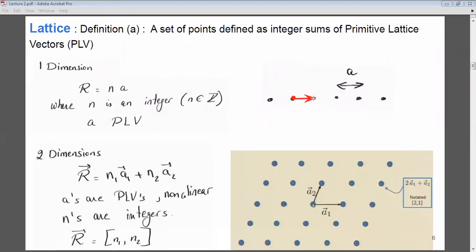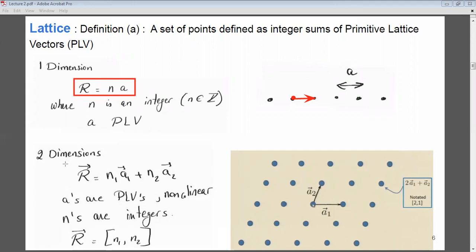To reach this point, R is 1 times this distance A. In order to reach this point here, R is 2 times A. So we represent any point as R equal N times A, where N is an integer, so N belongs to the integers. And A is what I mean by primitive lattice vector.